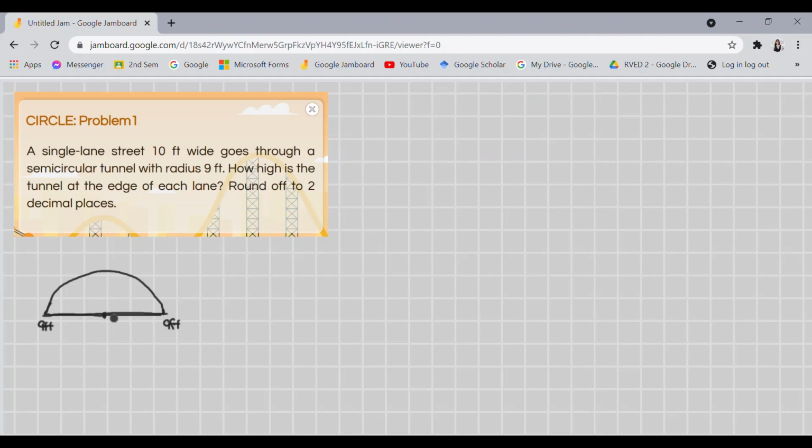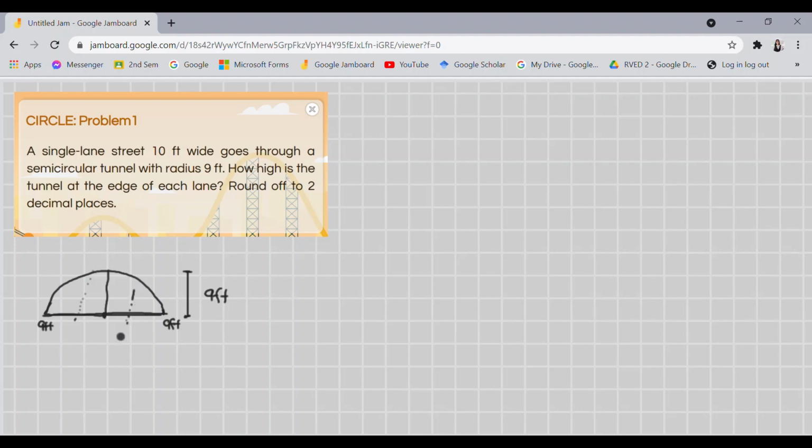And then, from this point going up, that will be 9 feet. That is also the radius. So, we have here 9 feet. Meaning, the height of the tunnel is 9 feet at the center, following yung ating radius measurement. And then, yung single lane street natin that goes through it, that will pass in the middle, of course. Okay? So, ganyan siya.